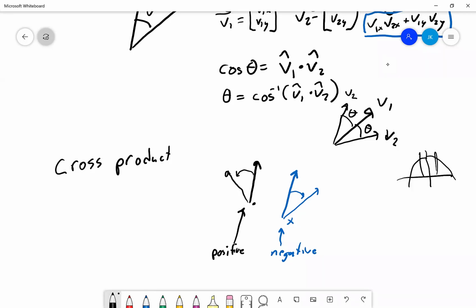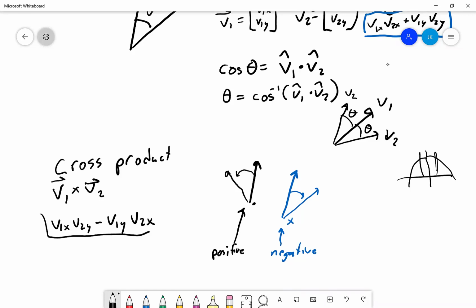So now the cross product, which I can write as V1 cross V2, I can actually define what that is. And I'll admit I can never remember the cross product formula. I always have to remind myself of what it is, but it is V1x V2y minus V1y V2x.